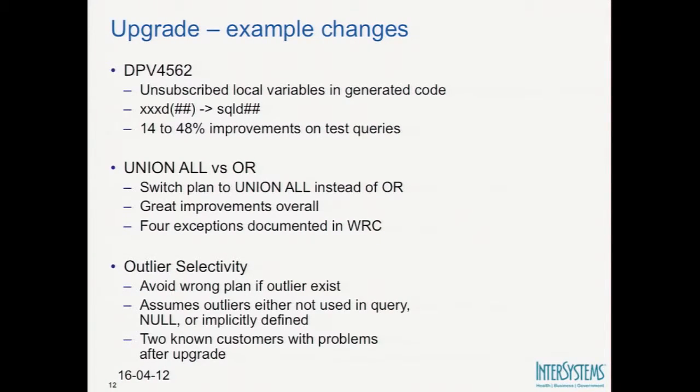But there are 4 documented exceptions that we have. Out of all the thousands and thousands of customers, we have 4 customers who legitimately complained that that particular change had a negative effect on the performance of their queries. It's very easy to fix. All you need to do is use the SQL hint we introduced.